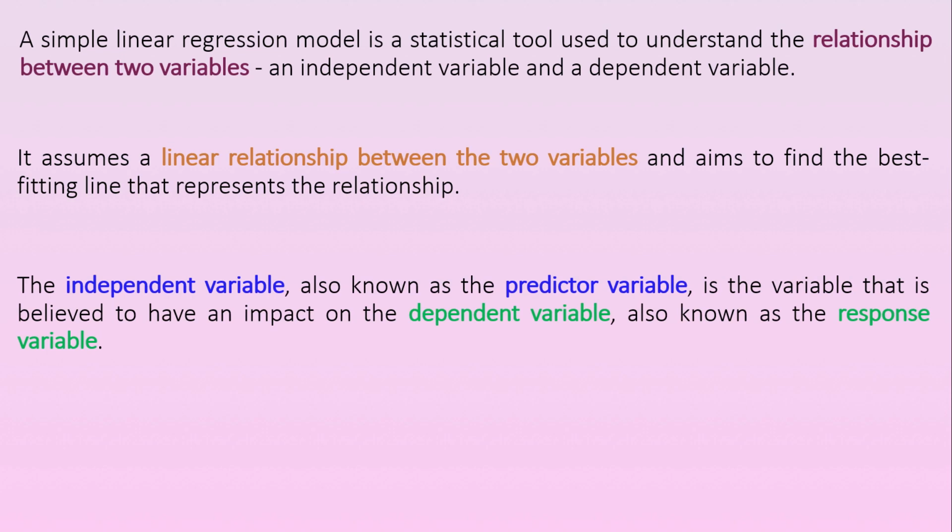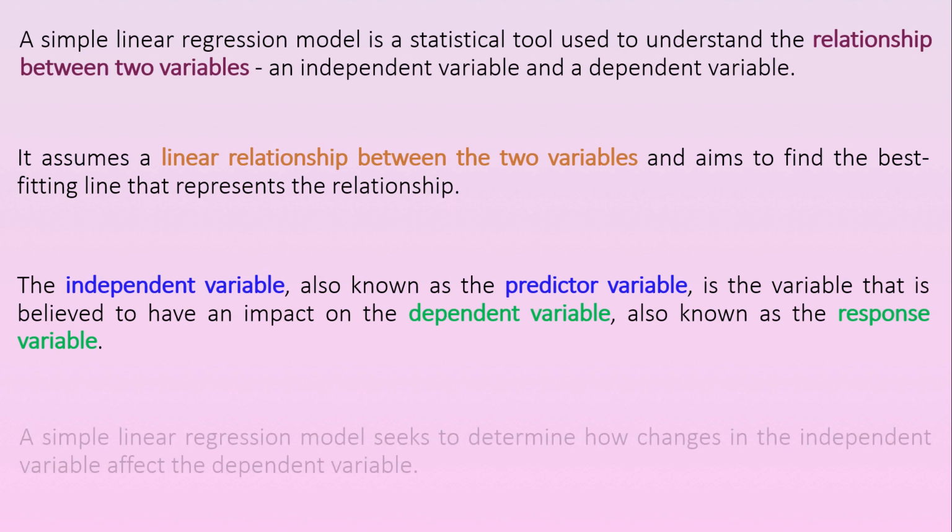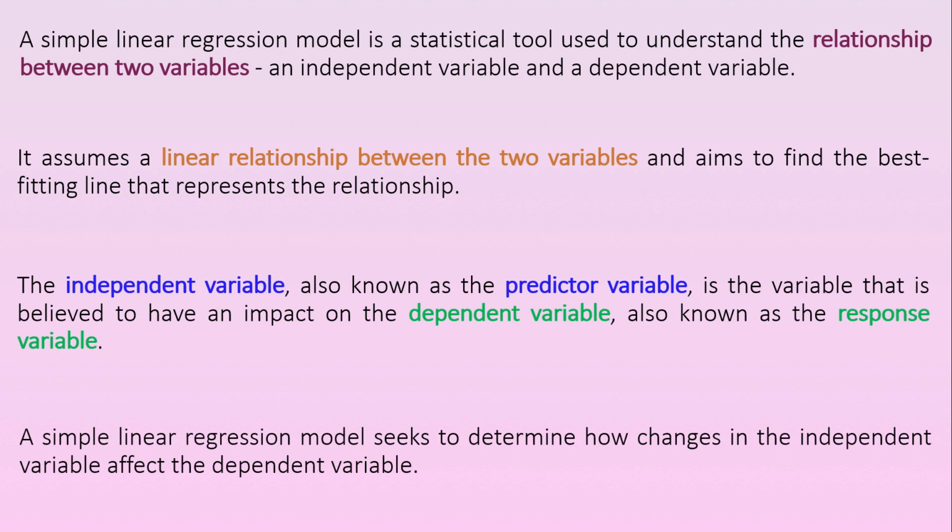The independent variable, also known as the predictor variable, is the variable that is believed to have an impact on the dependent variable, also known as the response variable. A simple linear regression model seeks to determine how changes in the independent variable affect the dependent variable.